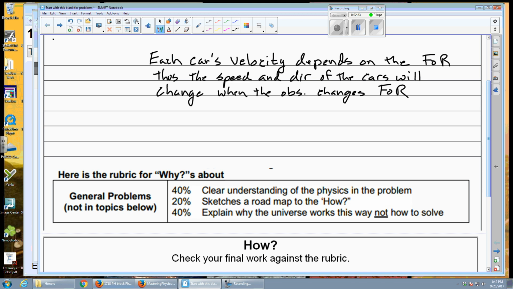How about: since only speed is given for car E, it can be going in either direction.